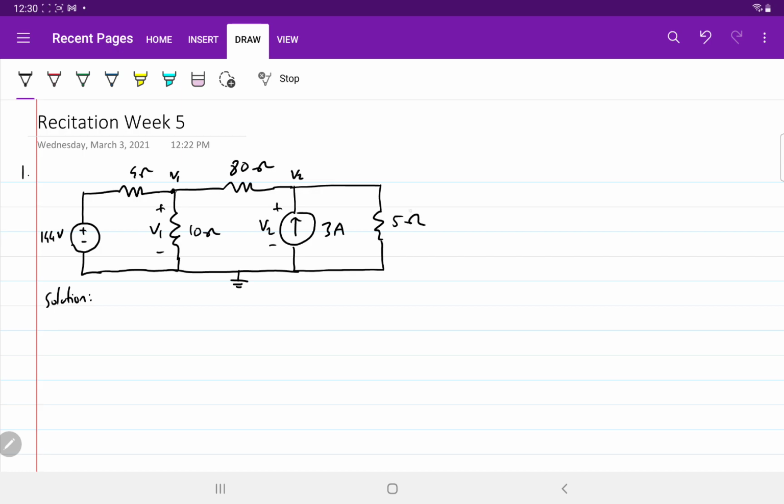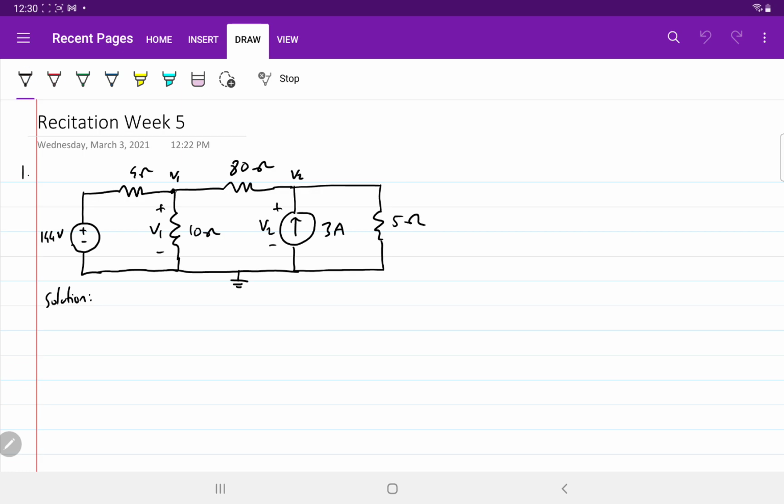Similarly, for the 5 ohm resistor, the voltage will be V2, because V2 is connected to here, measured with respect to this point, which is connected to the ground that we assign as 0. That's one of the purposes of having a ground: to provide us with the reference.